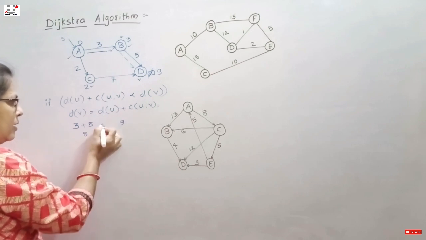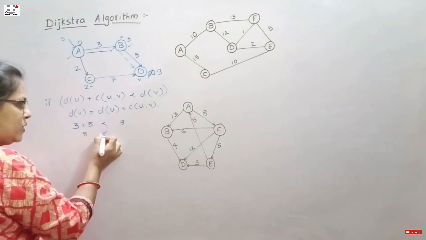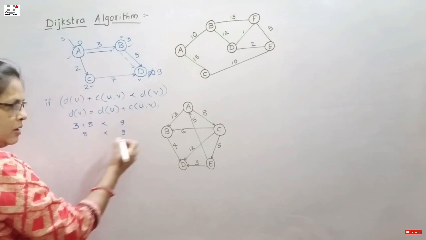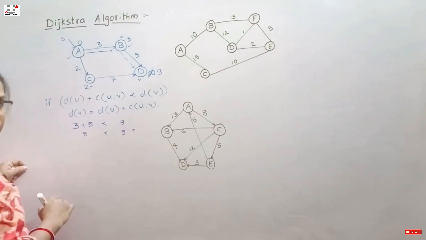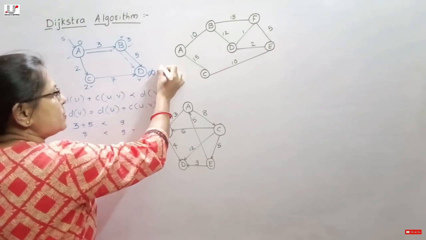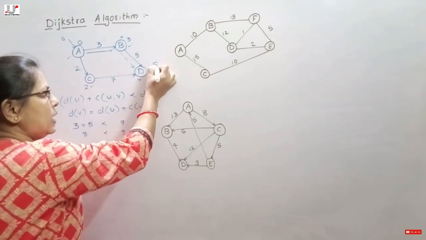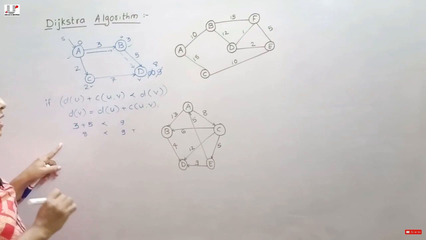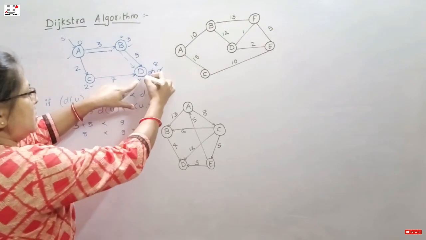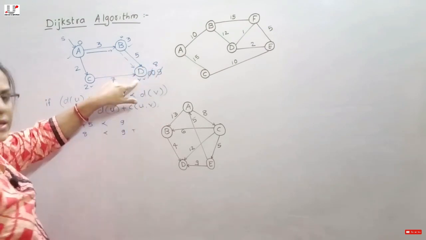And 3 plus 5, 8, is less than 9. It satisfies the condition, so replace that distance with 8. And now the edge D is selected.